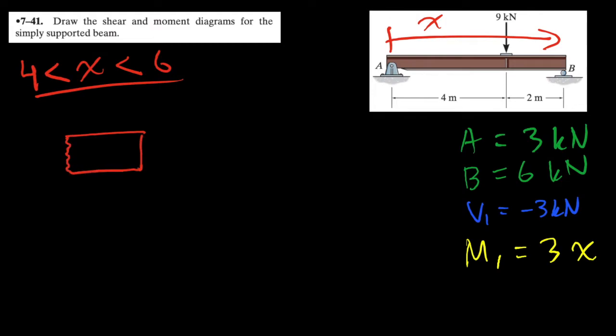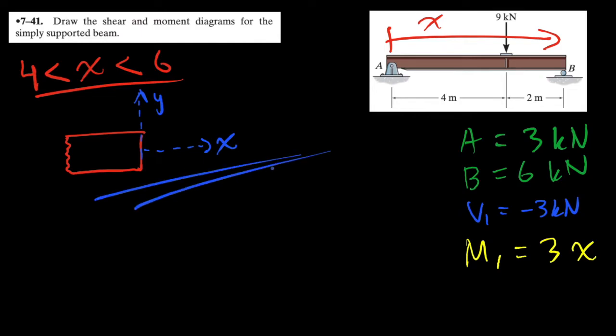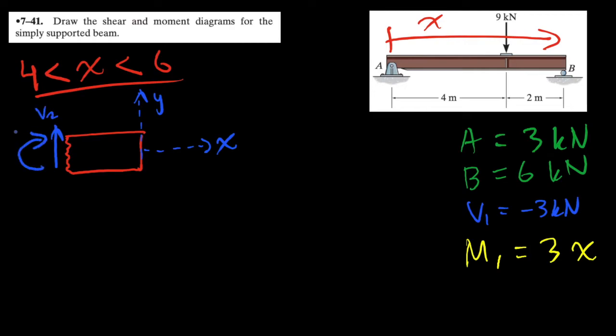And something important I forgot to add in the previous question was the x and y axes. So this is our y-axis, this is our x-axis. Make sure you add the x and y axes in the exam, or you will get points taken off. Then we have the shear force pointing up, so that's our FV2, and we have the moment contribution.